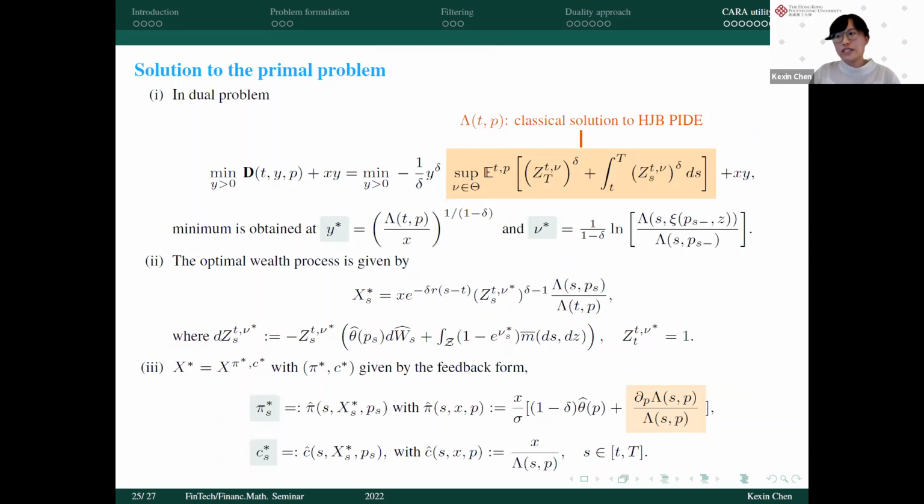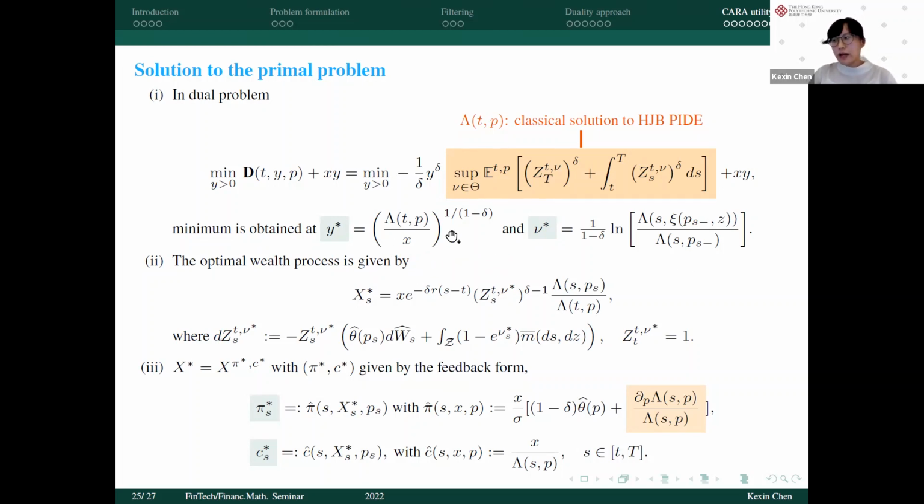After characterizing lambda, we can transfer it back to our primal problem. Recall that our target is to solve the minimization problem here. Given that we have already characterized lambda as the classical solution to the HJB PIDE, we find that the minimum is obtained at y star and also nu star, where they are all functions of lambda.